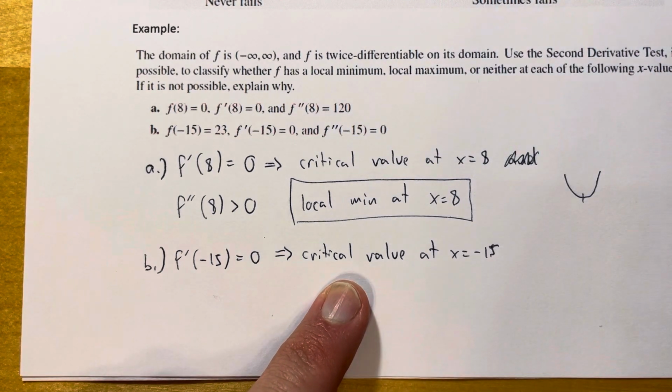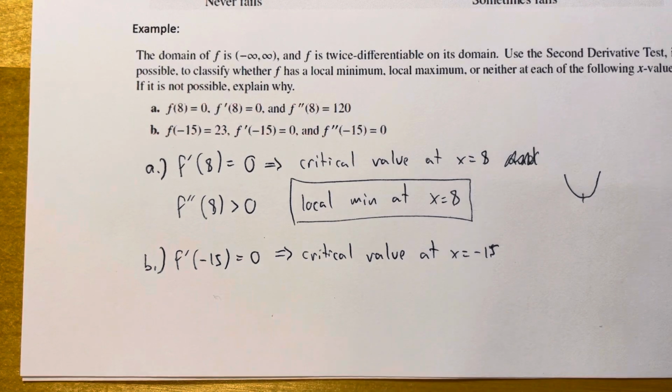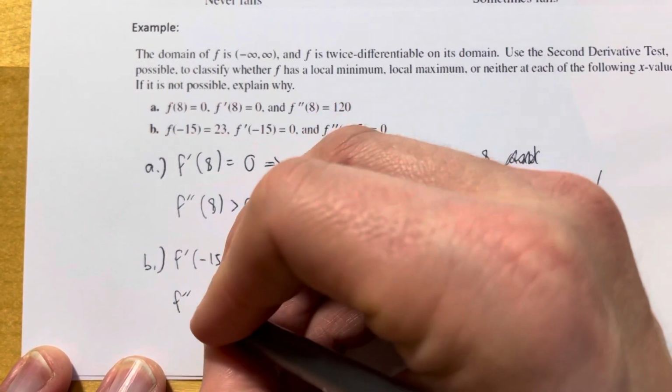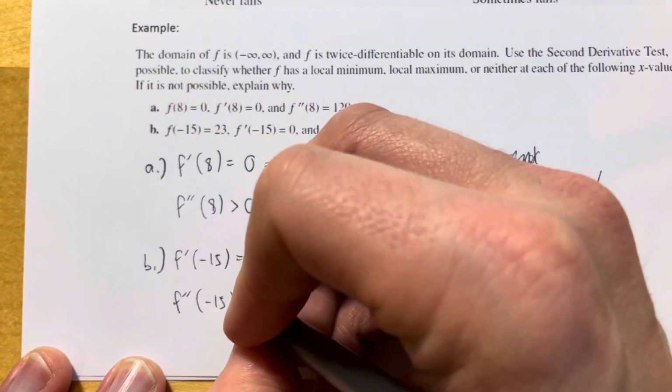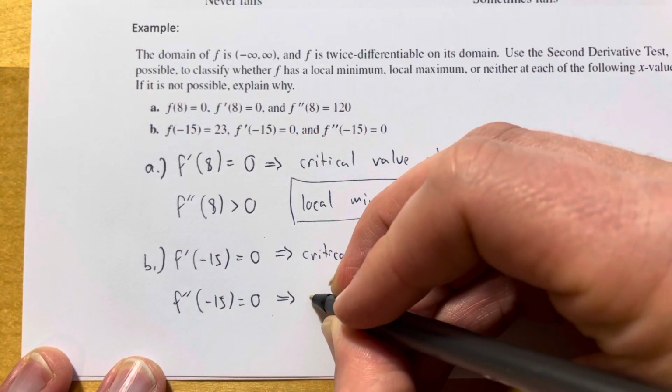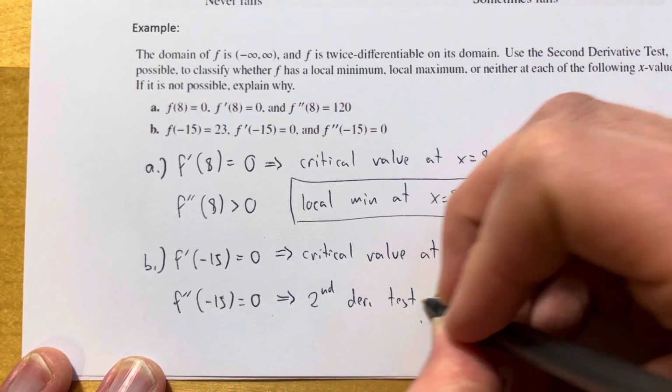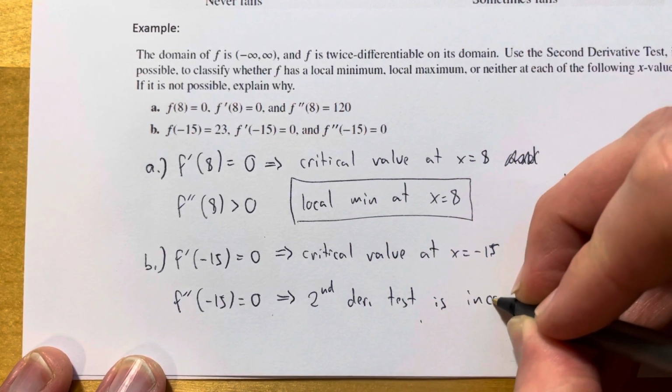If I want to apply the second derivative test, I need to know what happens to f double prime of negative 15, and if it's either positive or negative, I can draw a conclusion from that. But it's neither, it's 0. So f double prime of negative 15 equals 0 implies that the second derivative test is inconclusive.